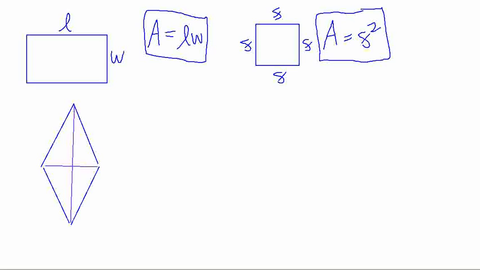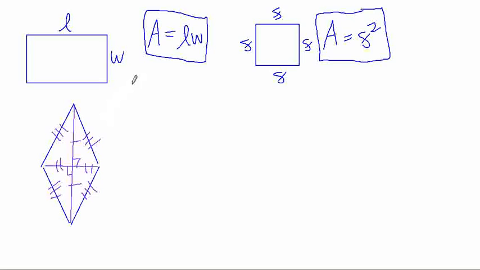So we've got right angles, and we know that all four sides of the rhombus are congruent. So we have four right triangles that are all congruent, right?